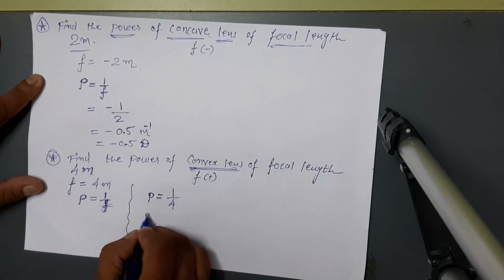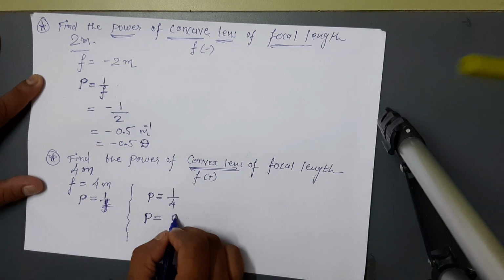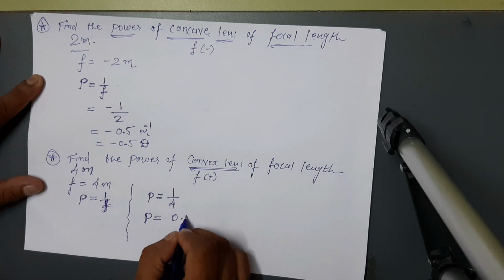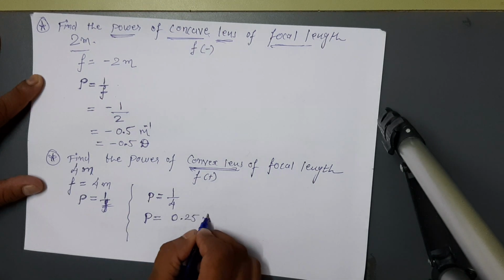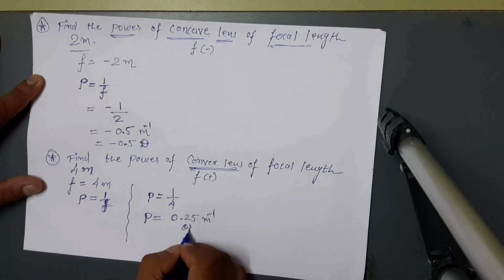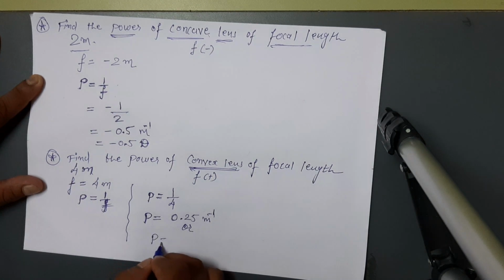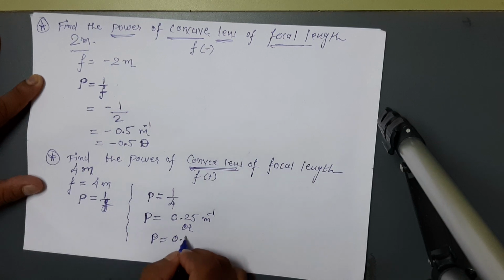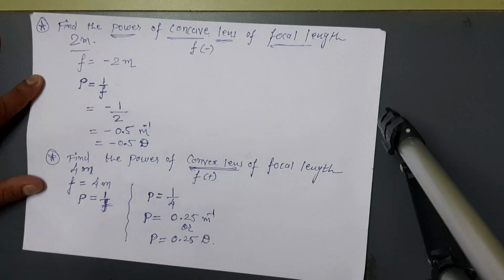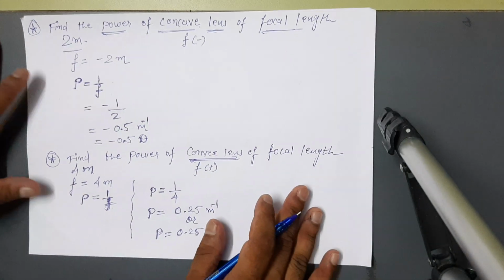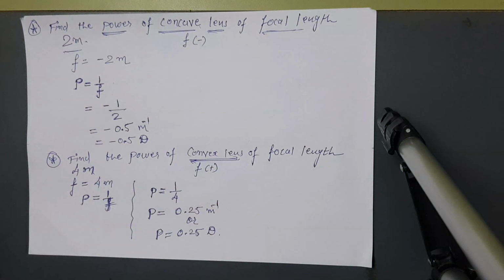So from this we get the answer: power of a lens P is equal to 0.25 meter inverse, or we can also write that the power of the lens is equal to 0.25 diopter. So this way we can calculate the sums related to power of lenses.